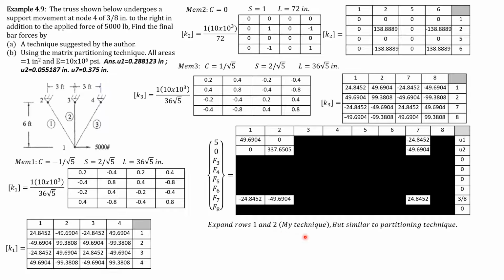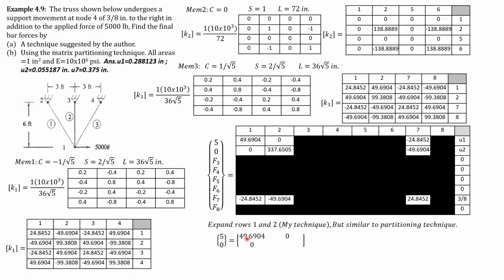So supposedly this is my technique, but actually if you expand rows 1 and 2, this is similar to partitioning technique. So we have to put the unknowns in the upper rows, then the knowns in the bottom rows. If you partition this, it's like expanding rows 1 and 2.